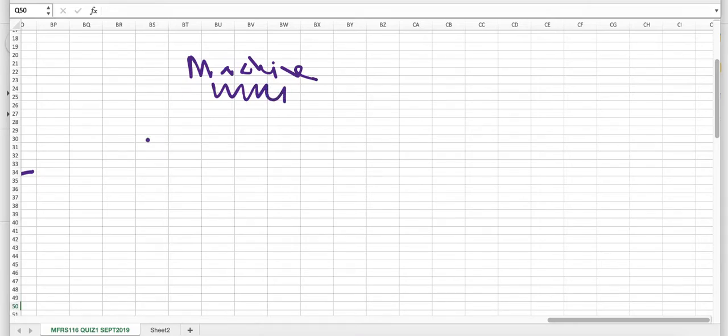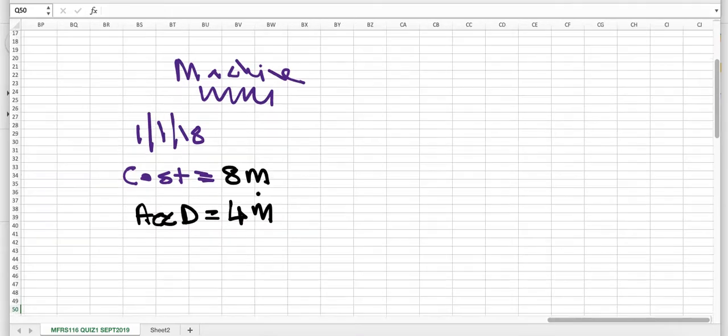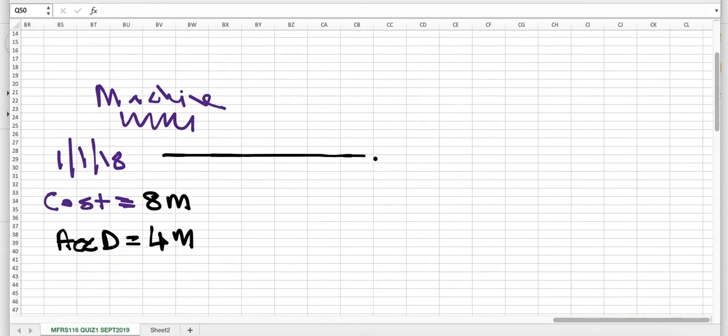Okay, so on 1st January 18, cost is 8 million. Okay, we will calculate the depreciation based on this 8 million. Okay, accumulated depreciation saya tulis je lah because it's given in the question. Okay, 4 million. Okay. And then on 1st April you dispose.